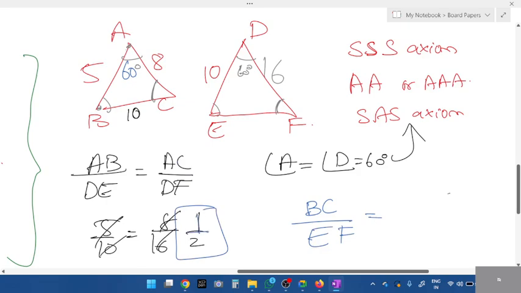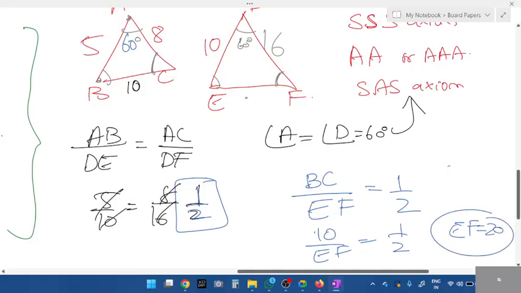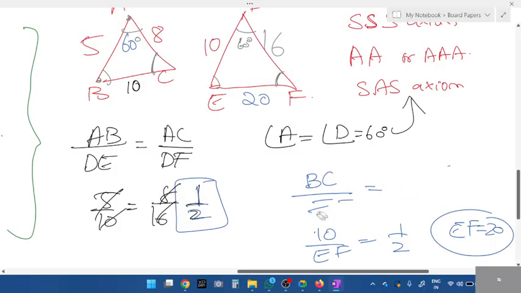For other things, what is the proportion? 1 by 2. Look, 1 by 2, the meaning BC is 10 centimeter, EF keep it as it is, 1 by 2. Shift this to the other side. EF is equal to 2 into 10. What will be the value of EF? EF should be 20. So if they're similar, their sides will be proportion. Okay, sides will be proportion.